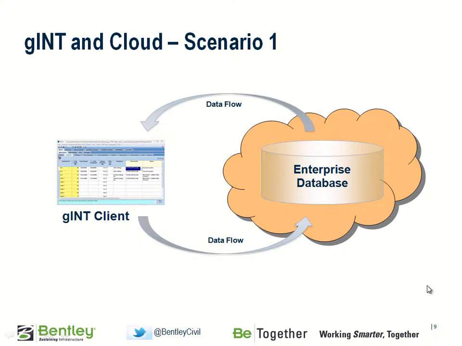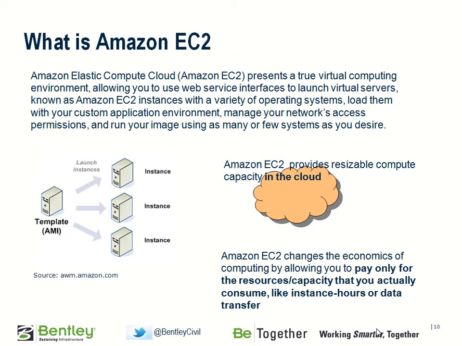We will consider a couple of scenarios, and we will start with the scenario 1, in which basically GINT's back-end database, enterprise database, lives in the cloud. It's installed in the cloud and managed in the cloud entirely, while GINT client lives someplace else. One good example of cloud computing is Amazon Elastic Compute Cloud, or Amazon EC2.